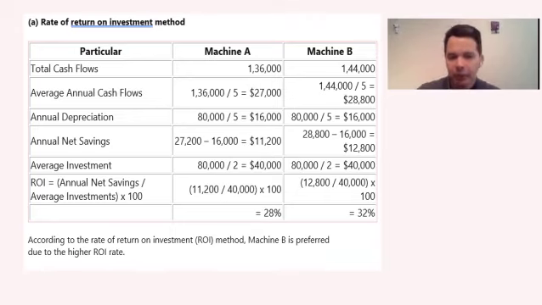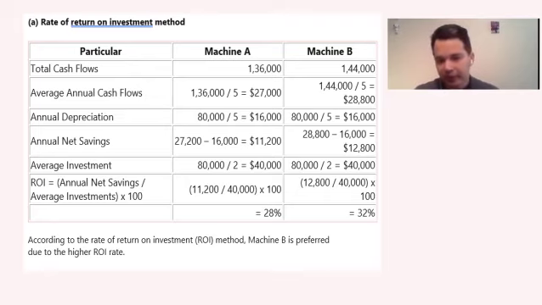The annual depreciation is $80,000 divided by 5, and this will give us $16,000. The annual net savings would be $27,200 minus $16,000, and this is going to give us $11,200.